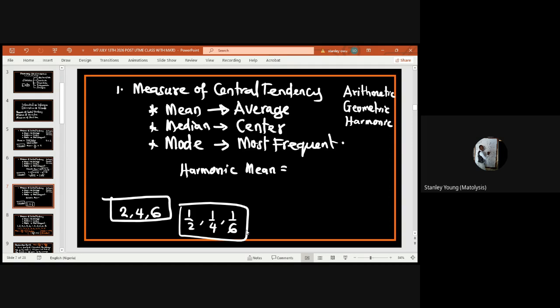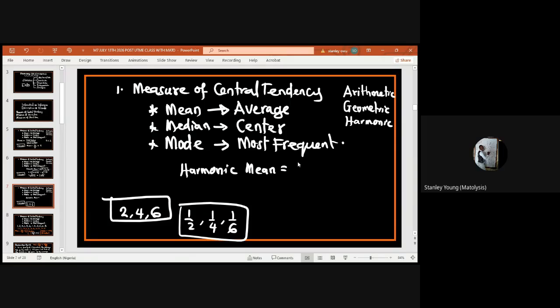That means you're finding harmonic mean. It's like you're trying to play with numbers. Instead of finding the mean, you choose to find the mean of the reciprocals and you reciprocate the result. So harmonic mean is simply defined as the reciprocal of the mean of reciprocals.